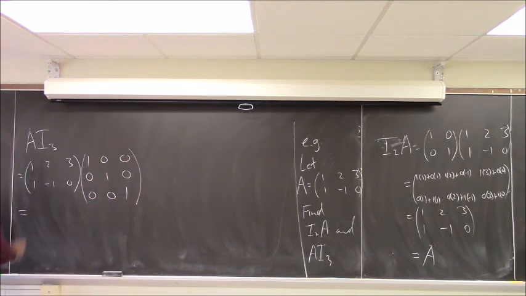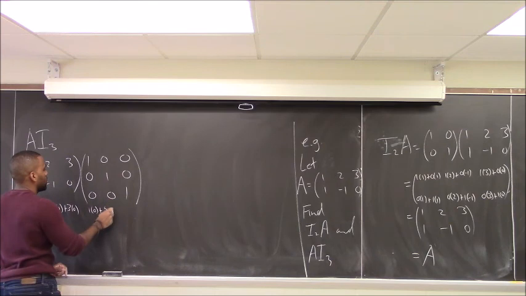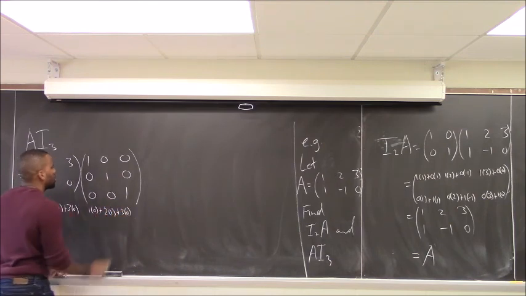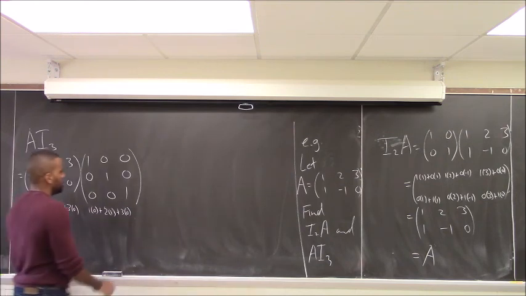Then you go through and you do the same thing. First row times first column. First row times second column. And first row times third column.